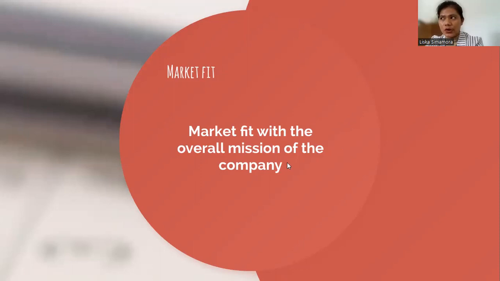If you create a product acceptable to the market, but that does not fulfill your company mission, it means your company is not consistent. The consistency is important. Company consistency is important to the customer.